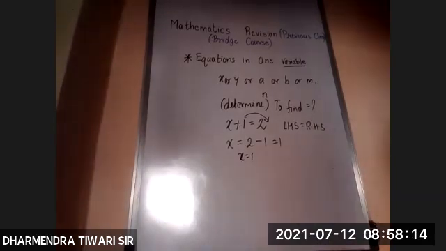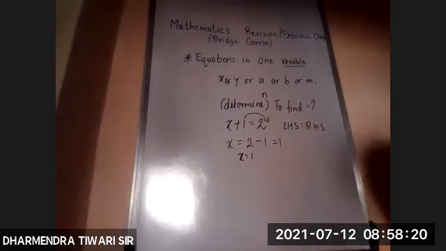But here they are going to show us how this 1 becomes minus 1 when we take it to right hand side. Actually, there is a property of equations in one variable.